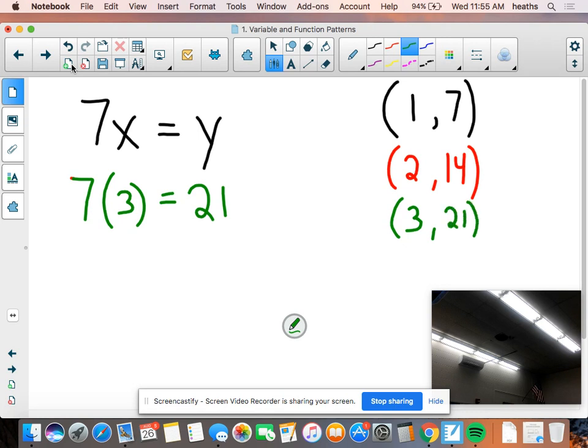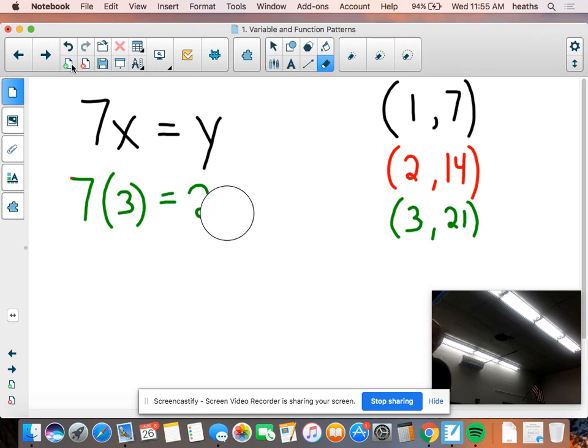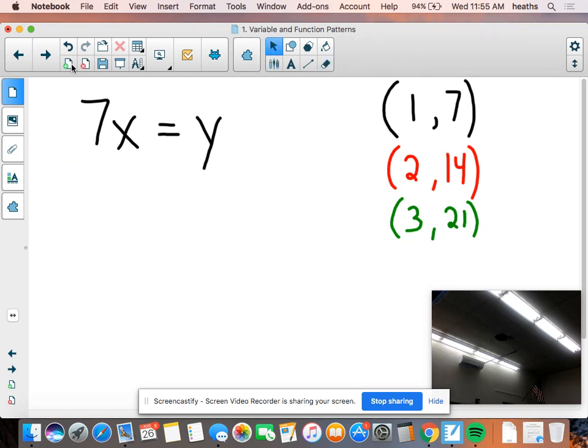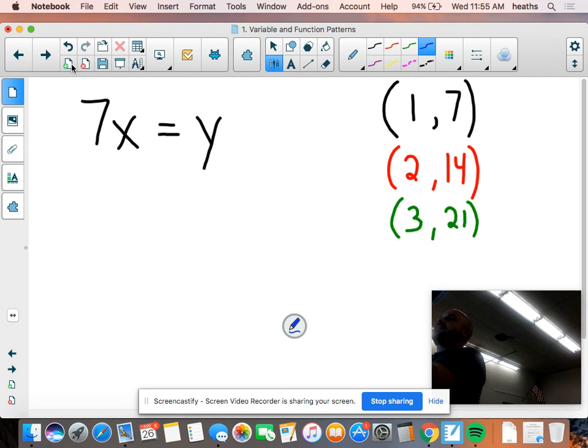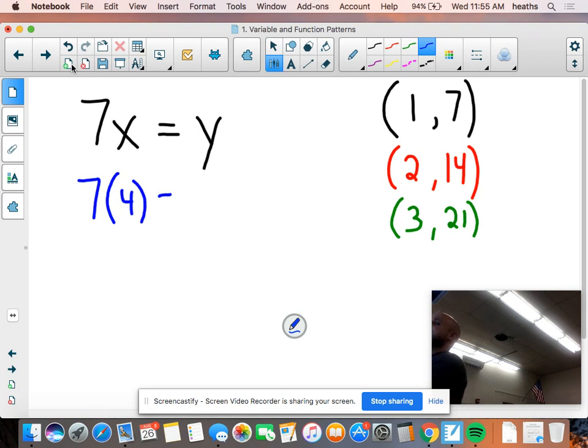And I'm going to do one more just to continue and show as many examples as I can. Okay, $7 an hour. Let's say you worked 4 hours the next day. 7 times 4 is going to be 28. And I'm going to write the number set out over here. Your X or input value was 4.